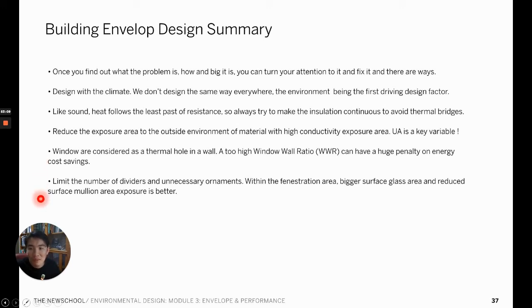And lastly, limit the number of dividers or unnecessary ornaments, which will increase the fenestration area and unnecessary thermal bridges, which will also increase your solar heat gain.